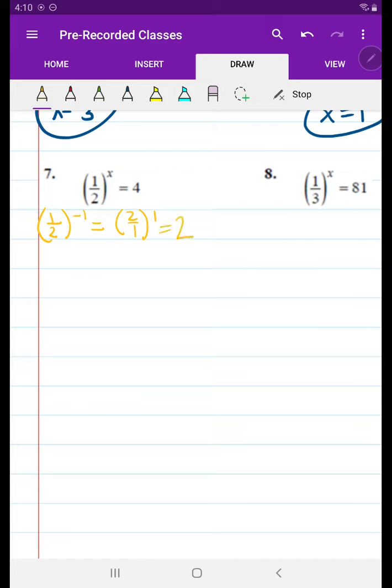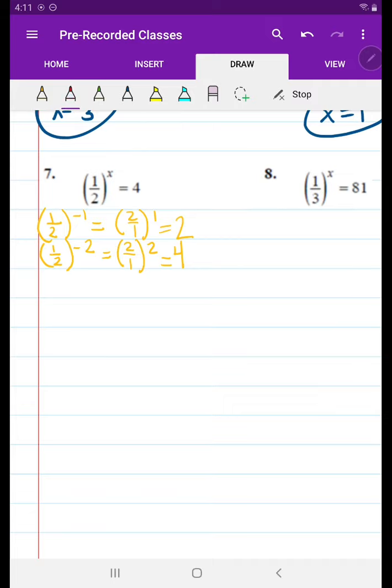So then what we could do is say, if we have 1/2 and we raise that to the power of -2, then we can flip that fraction, and that would give us 2 over 1 to the positive 2, which would be 4, right?